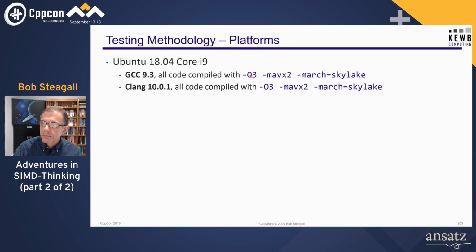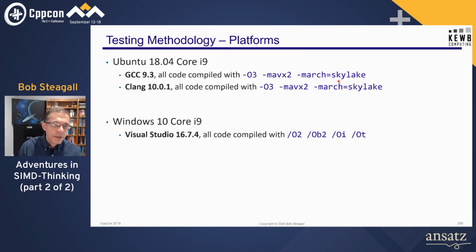And all the code was compiled -O3 with the AVX2 intrinsics enabled. And curiously, and I'm not an expert at GCC flags, but the lowest architecture I could find in the GCC man page that supported machine type of AVX2 was Skylake. So I turned on Skylake.